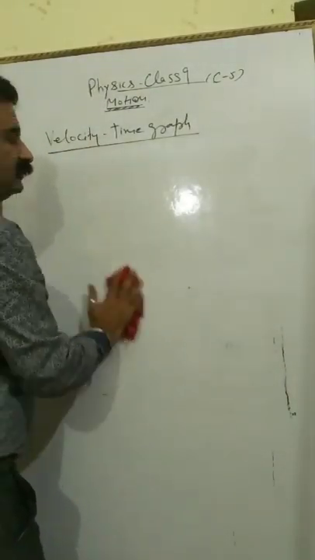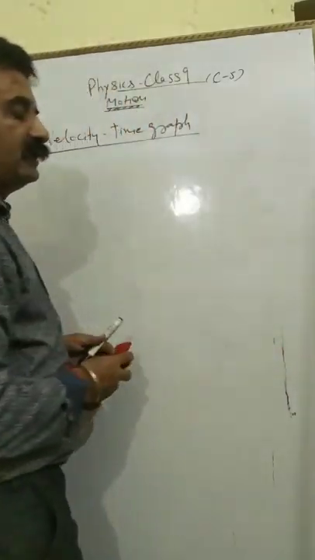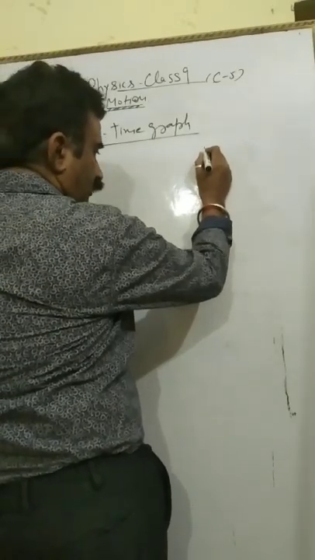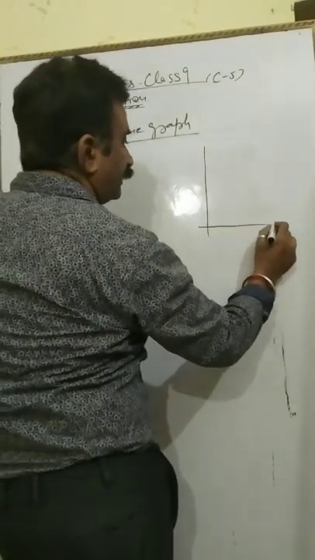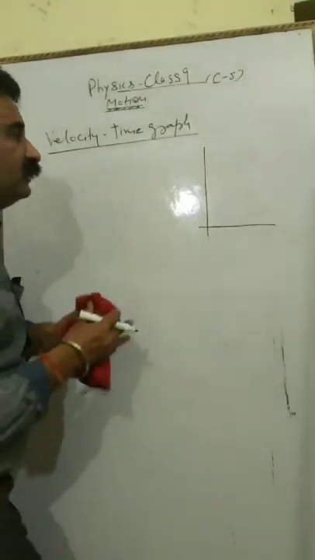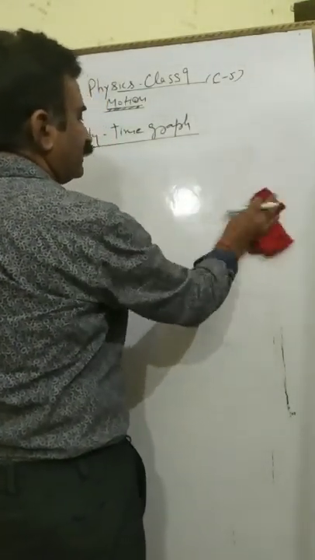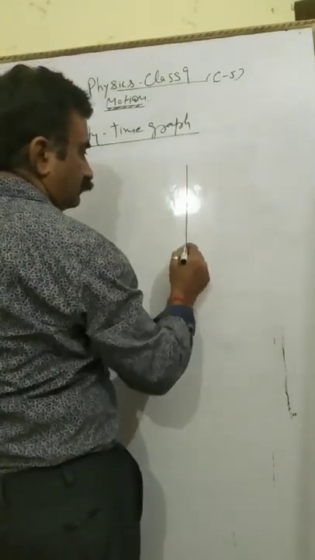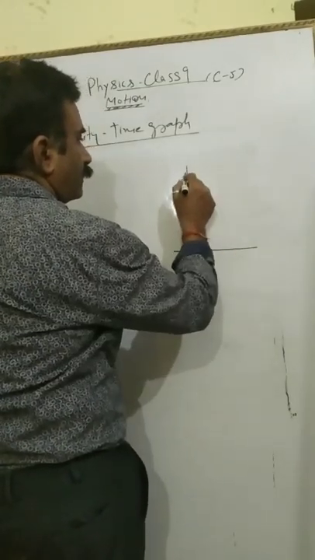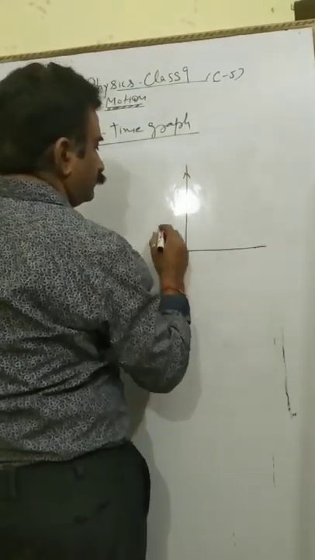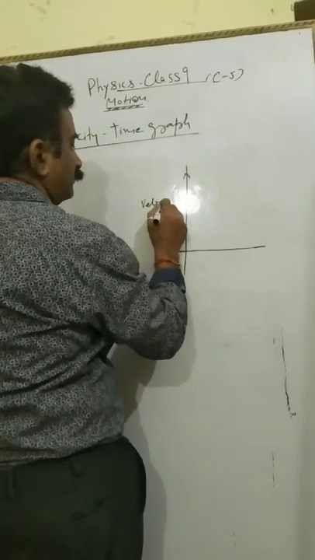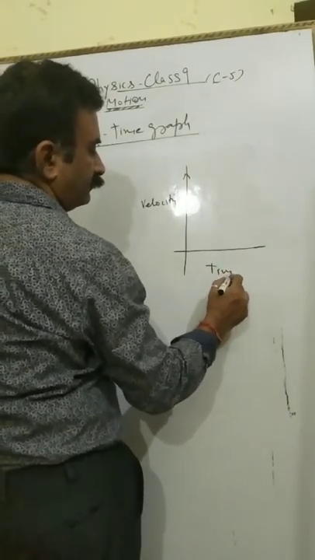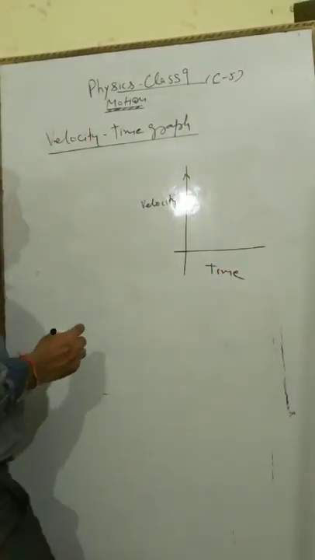What information can we get from the velocity-time graph? If you have the velocity-time graph, what other physical quantities can we calculate? Here, velocity on the y-axis and time on the x-axis as usual.